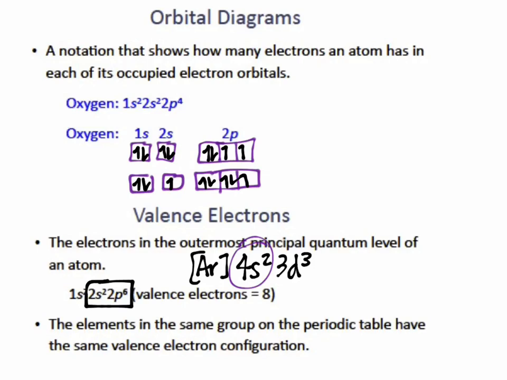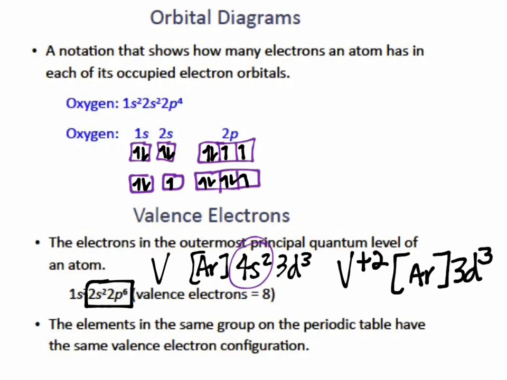So that is for vanadium. If I did vanadium with, say, a plus 2 charge, then it looks like that. It's lost the 4s2.